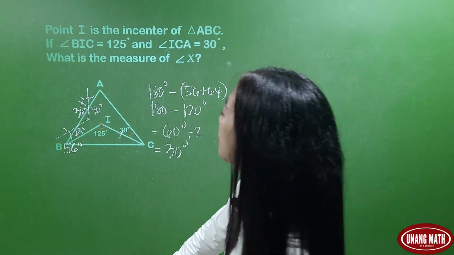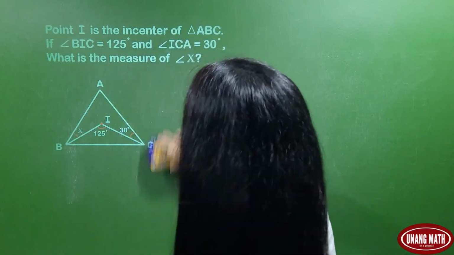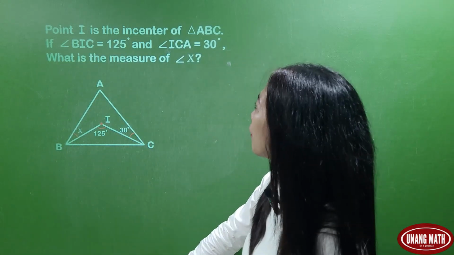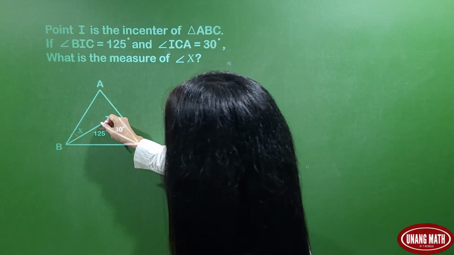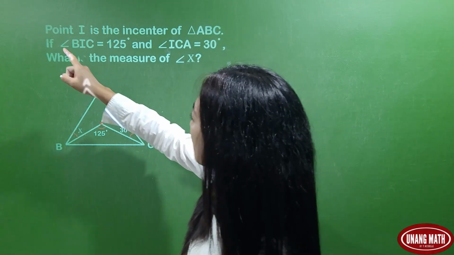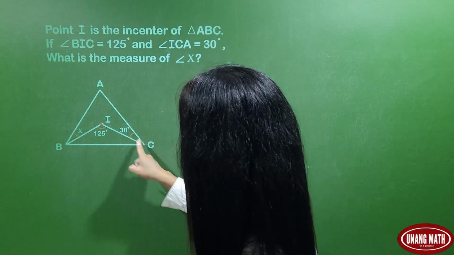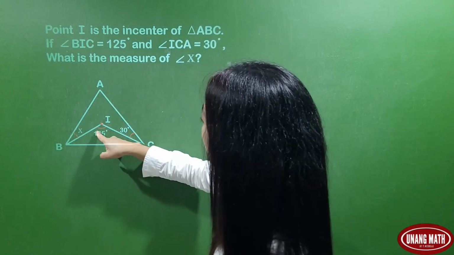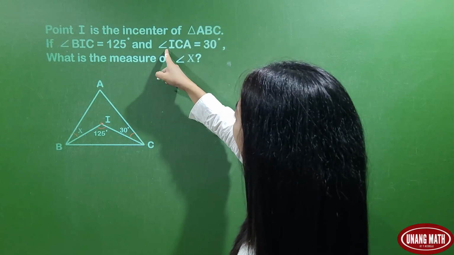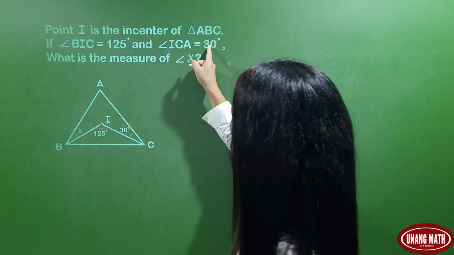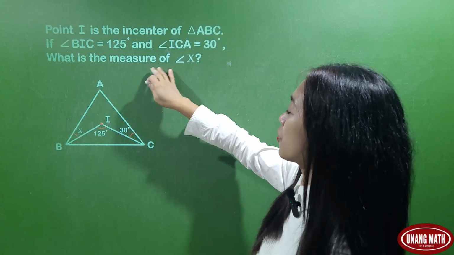Okay, moving on to our last problem. According to this one, point I is the incenter of triangle ABC. This is our point I. If angle BIC is 125 degrees, and angle ICA, or this angle, is 30 degrees, what is the measure of angle X?